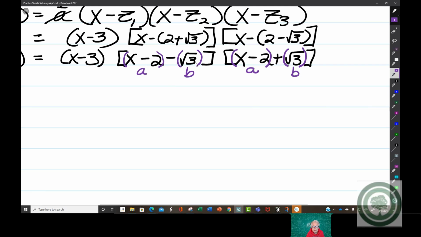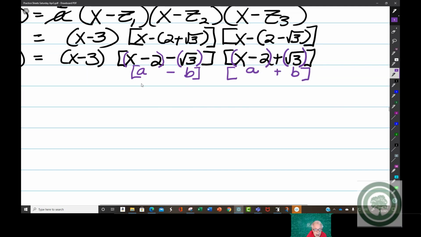The only difference between these two sets of brackets is that one of them is A minus B, and one of them is A plus B. What would happen if I multiplied A minus B times A plus B?